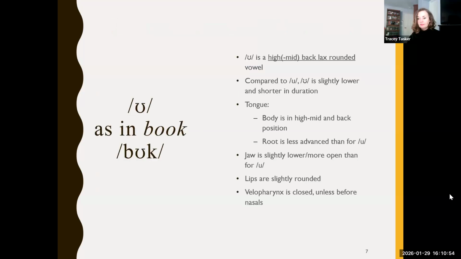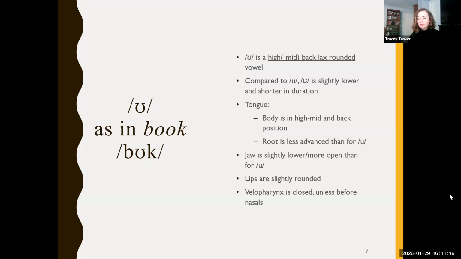Oh, very soft sound, right? Oh, book. So it's high. Again, we're on the back vowels, but it's a lax vowel. So not a lot of tension there. Now your lips are rounded.